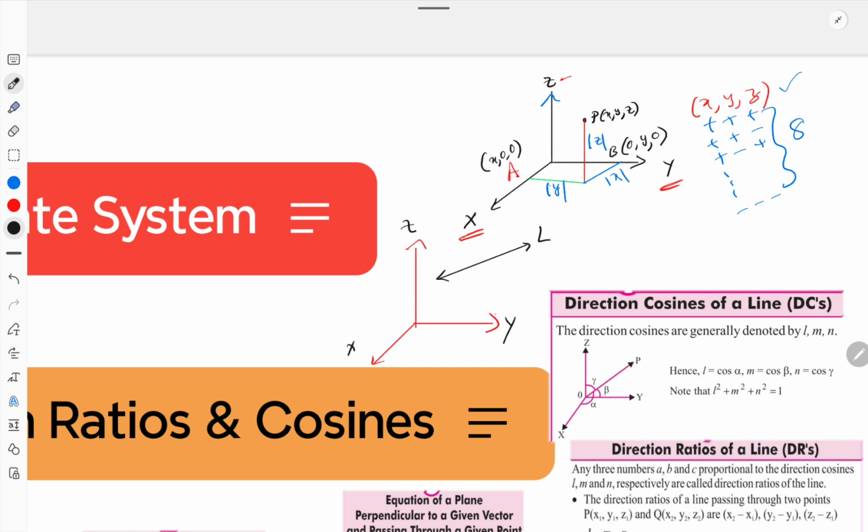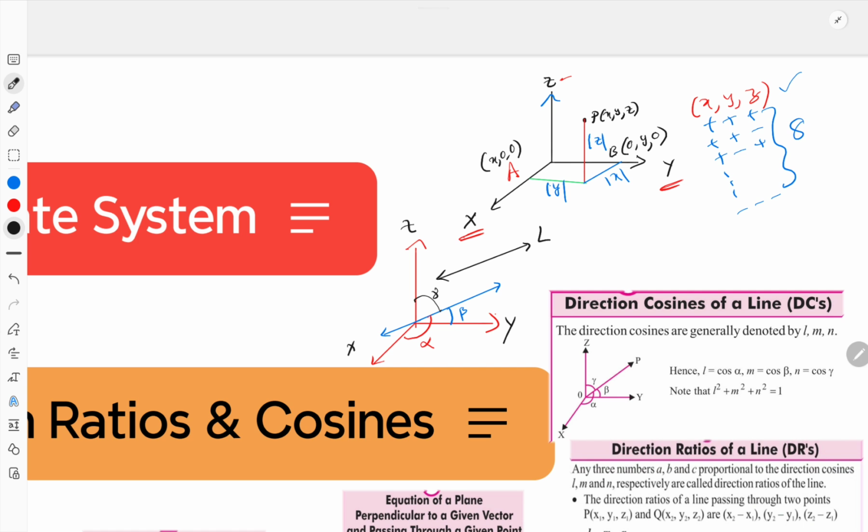Even though the line does not intersect the x-axis, we still define the angle between two lines. So parallel to L, we take a line passing through the origin. The angle made by this line with the x-axis we call alpha, with the y-axis beta, and with the z-axis gamma.